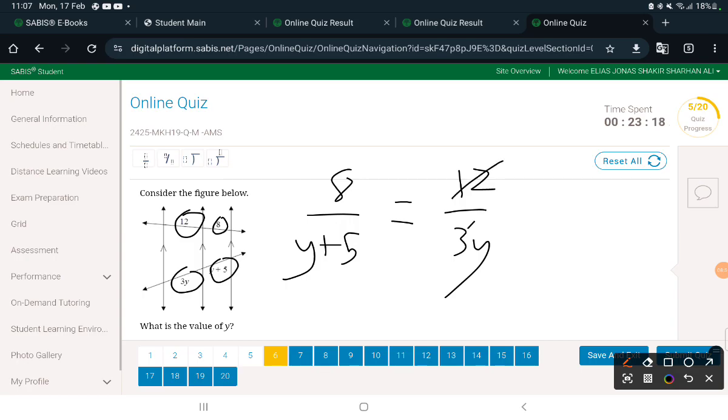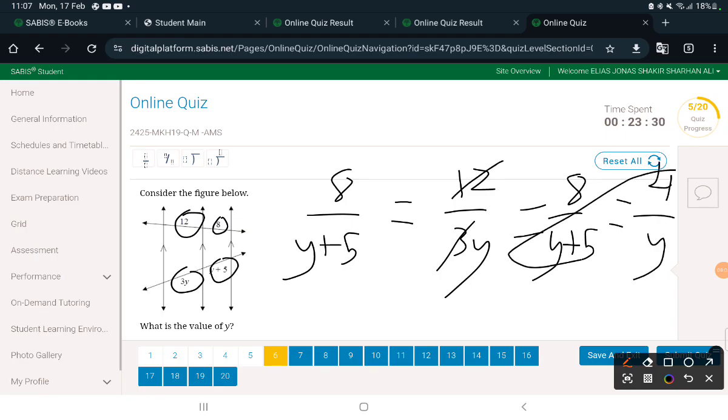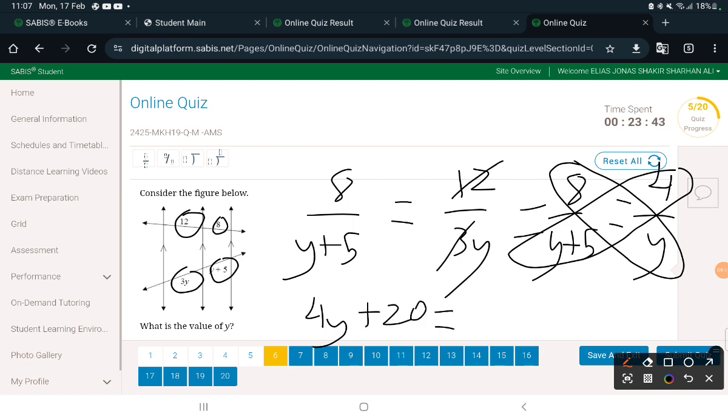We could divide by 3 up and down, so that will be 8 over y plus 5 equals 4 over y. Cross multiply. 4 multiplied by y is 4y. 4 multiplied by 5 is 20. 8 multiplied by y is 8y.